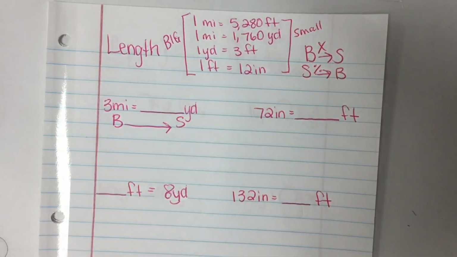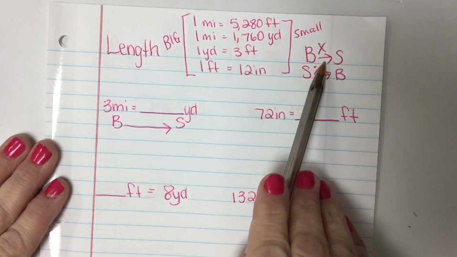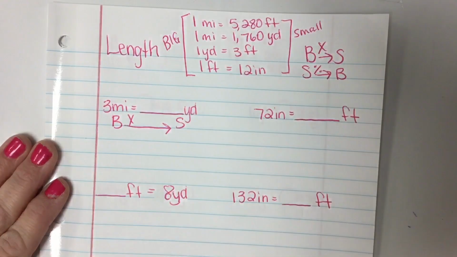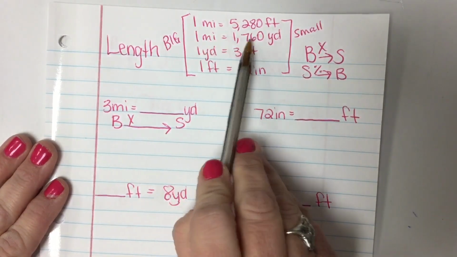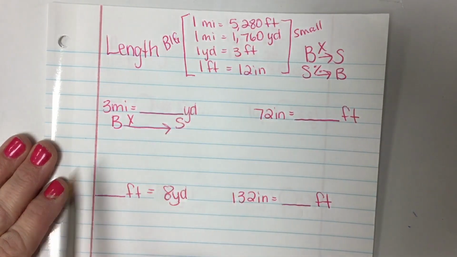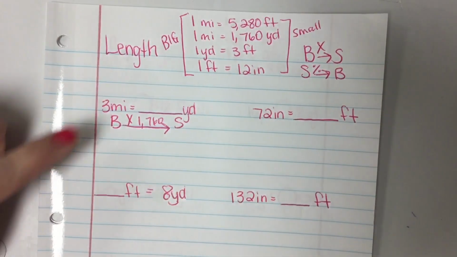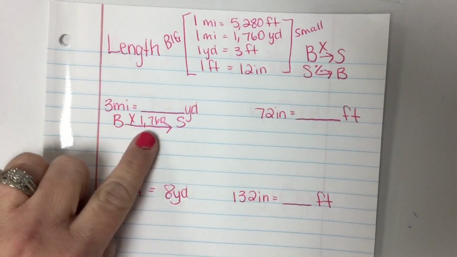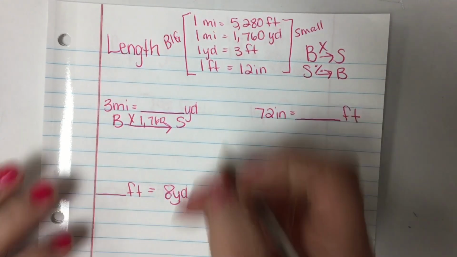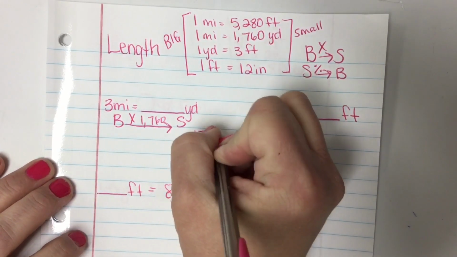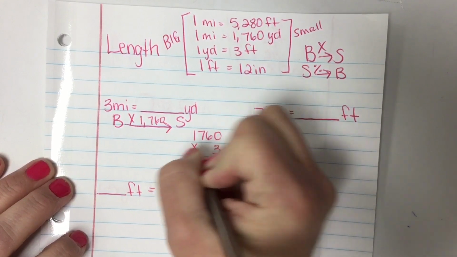Okay, all right. So when we go from a big to a small, we multiply. And then I look and I see 1 mile is 1,760 yards. So there are 1,760 yards in a mile. So I'm going to multiply 3 times 1,760. 1,760 times 3.